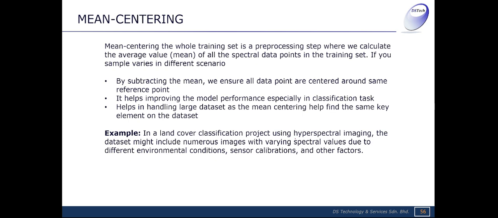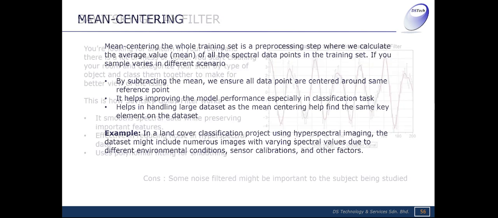In your spectrum distribution, this is the condition you're looking at, and then you have another image that is the same but has a different condition, like different lighting or calibration, or maybe a different camera. Min centering would be the best way to get everything at the same scale so you can do the best comparison. Typically, this is for when you're using a few different devices at once.